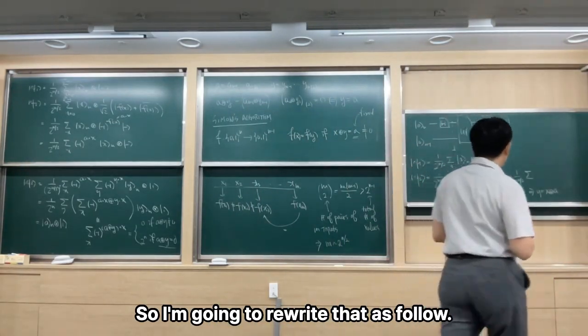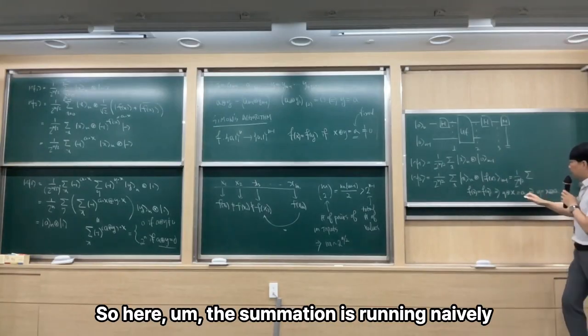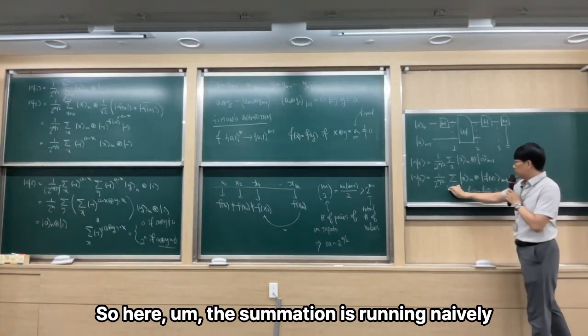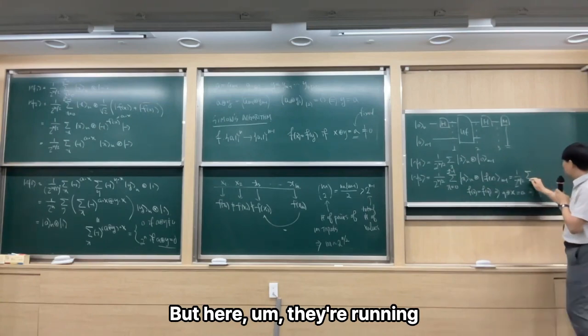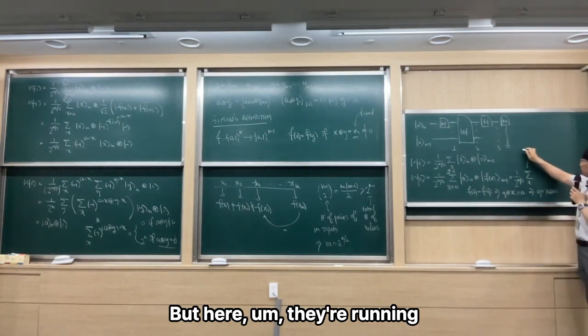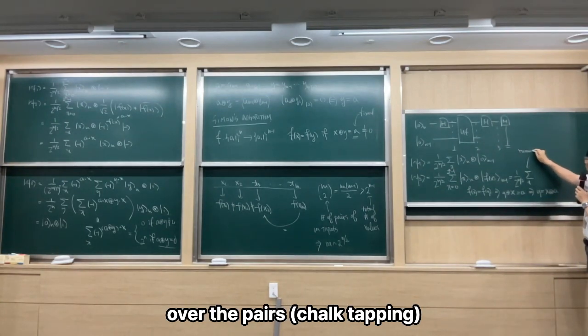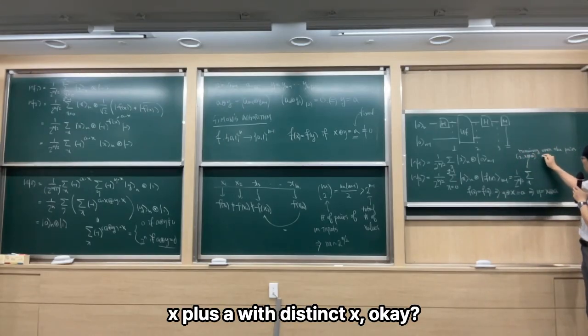So I'm going to rewrite that as follows. Here the summation is running naively from 0 to 2 to the n minus 1, but here it runs over the pairs x and x plus a with distinct x.